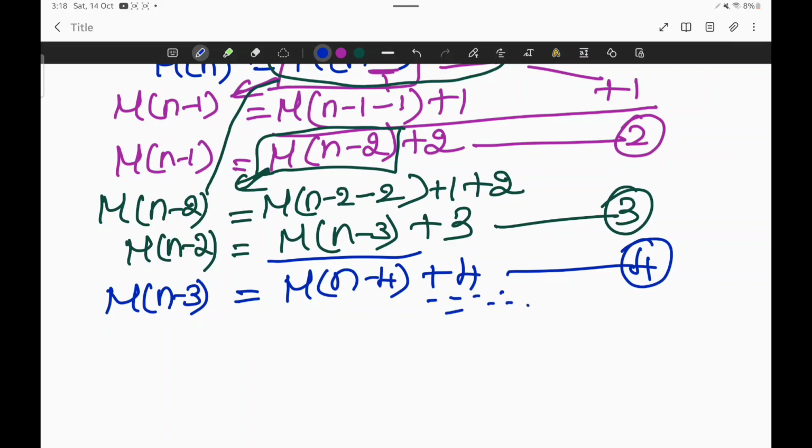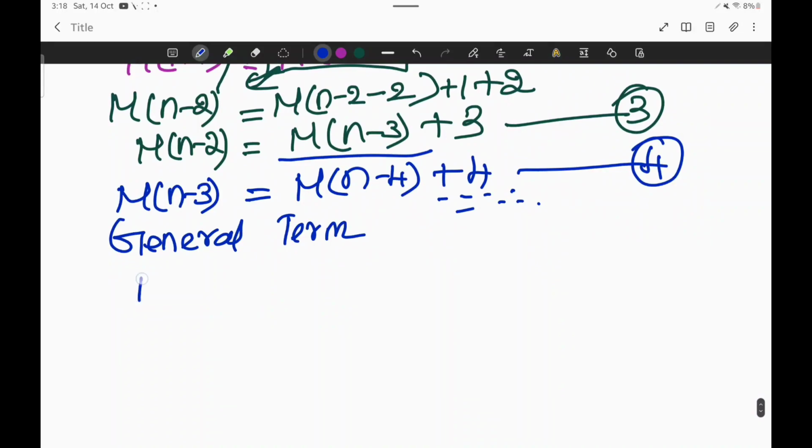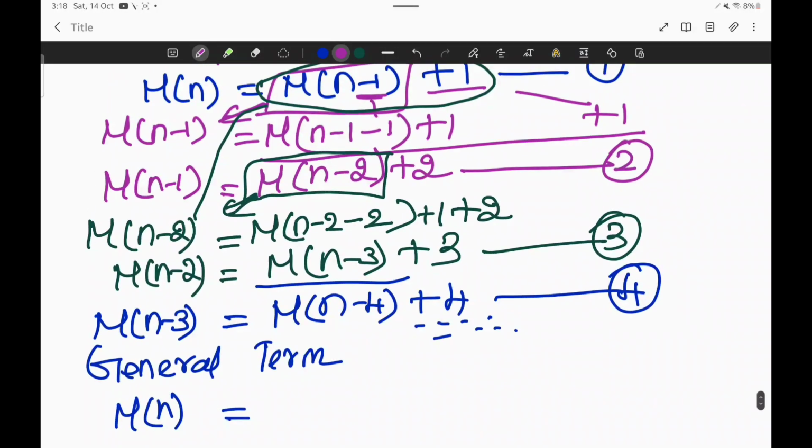Similarly, if you want to find all the equations, what will be the general term for all the equations? You need to consider M of n for all the equations 1, 2, 3 we have found now. Generally, how can you form it? M of n minus 1, M of n minus 2, M of n minus 3, it goes on. So that 1, 2, 3 can be generalized with a particular variable, any variable.